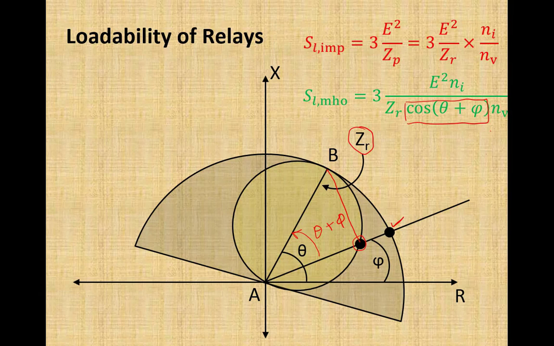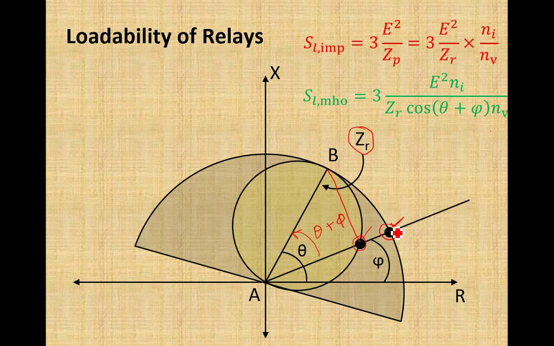Otherwise this value will always be less than 1. That makes the loadability capability of the admittance relay higher than that of the impedance relay, because we have a factor which is less than 1 in the denominator of this formula. This is from the equation. From the graph you can see here, the loadability of the admittance relay is higher than the loadability of the impedance relay.